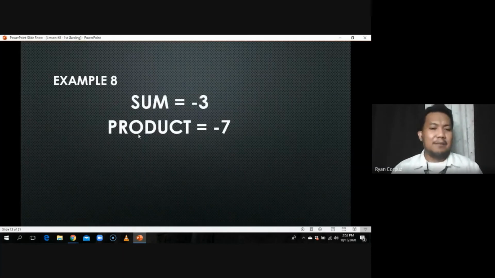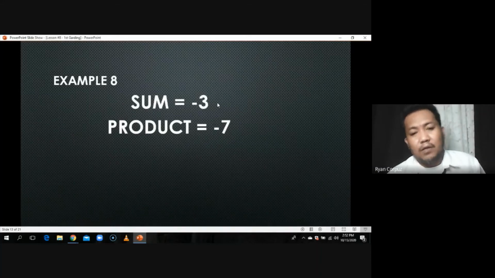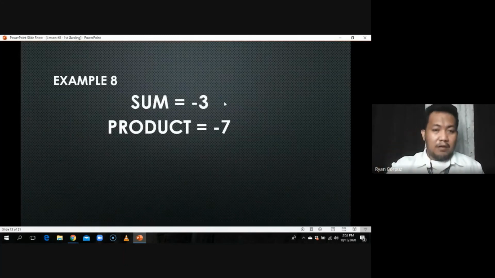So let's have example number 8 here. The sum of the roots is negative 3, while the product of the roots is negative 7. For us to find the quadratic equation, we have to get the opposite of the sum. From negative 3, the opposite of it is positive 3. That positive 3 will be used as the numerical coefficient of the middle term of the quadratic equation.